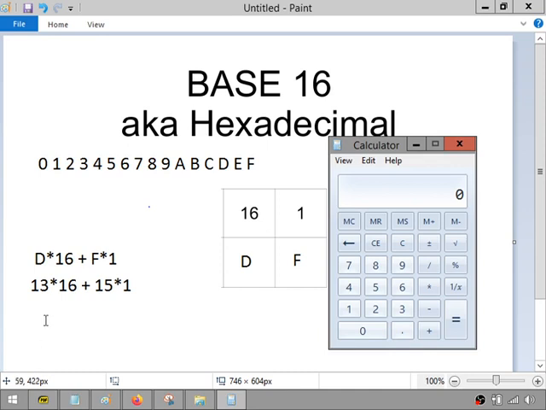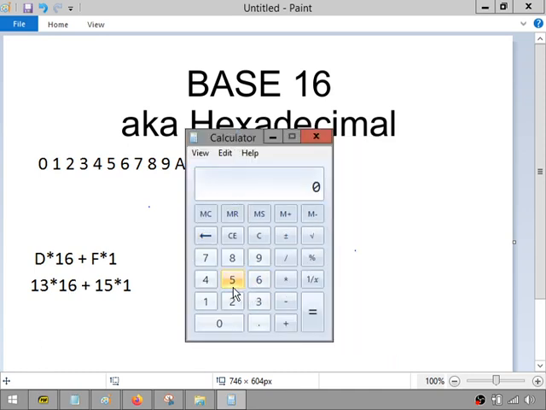Now, you're not allowed a calculator in the exam, but just for the purposes of this lesson, you are welcome to use a calculator because I'm more concerned with you learning something as opposed to being able to do mental arithmetic. Let's do 13 times 16, which is equal to 208.